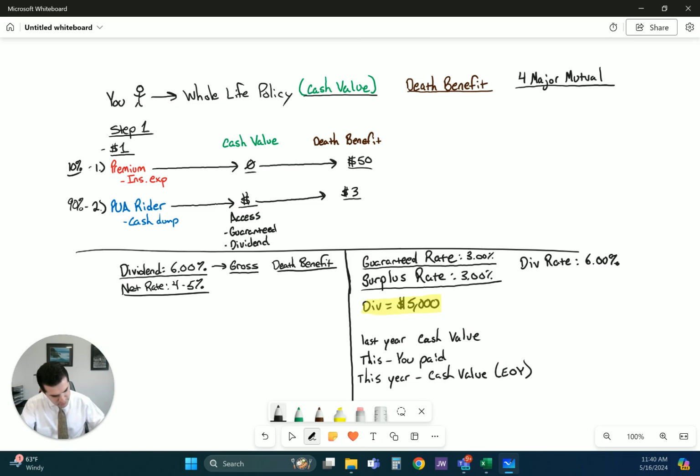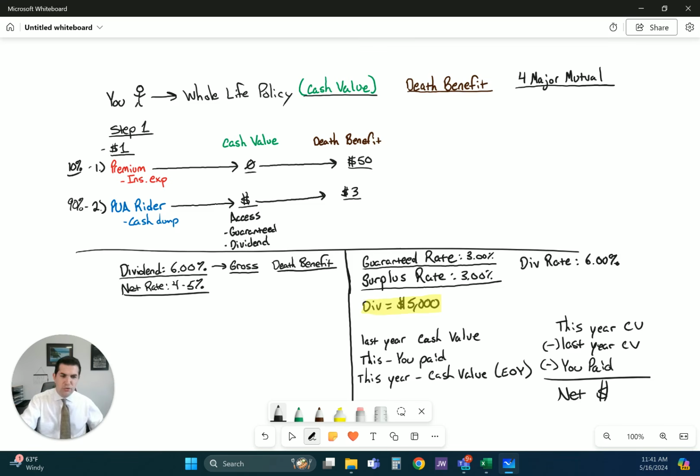And what you can do here, I would take this year's CV, that's the end of year cash value, minus last year's cash value, minus the amount you paid, and that'll give you the net dollar amount that the policy grew by.